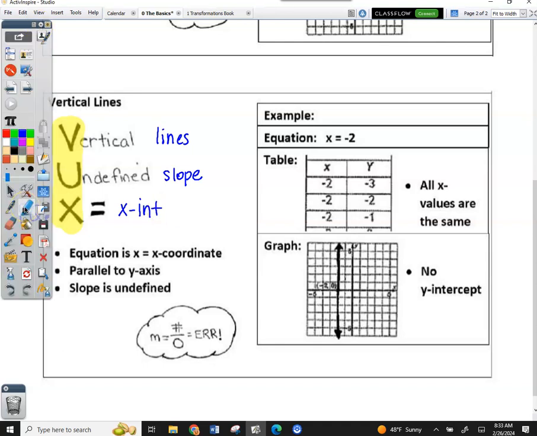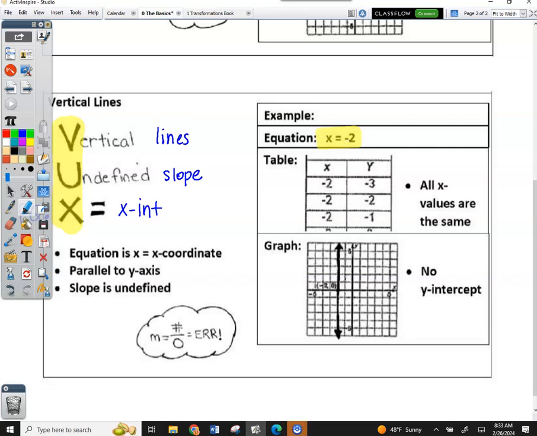X equals the x-intercept. So if you come over here to our examples, here is an equation of a line, x equals -2. If I was to graph this, I would look at it and say to myself, okay, that looks weird. It looks like it's just telling me x is -2. This is an equation of the line. I would think Hoy bucks. Which one has an x in it? Bucks has an x.